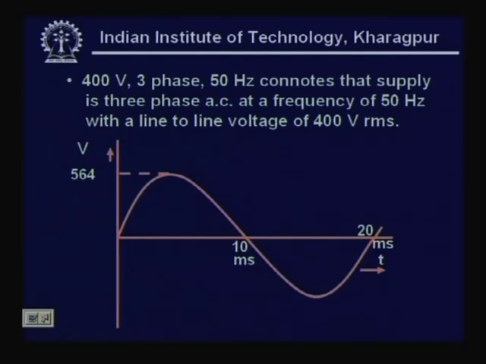Now, as may be observed, this is a sinusoidal voltage. This is a line to line voltage. It will become clear what a line to line voltage is when we look at the 3 phase connections.